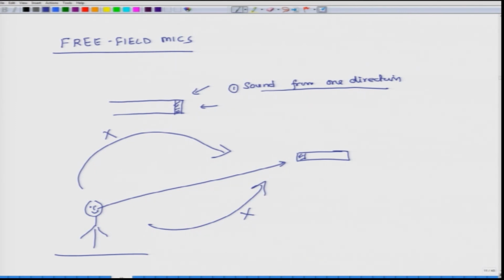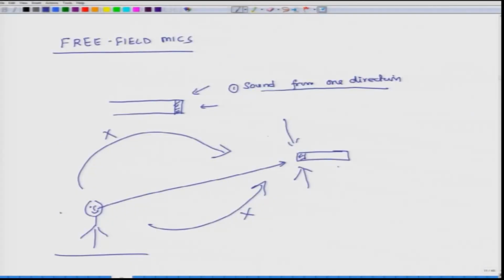Suppose you had a situation where this was a closed field, then what would happen? Sound from this person will reach this microphone directly, but sound will also reach the walls of the enclosure, and those walls will reflect that sound, and that sound will also come from other directions. But that is not the situation we are talking about.